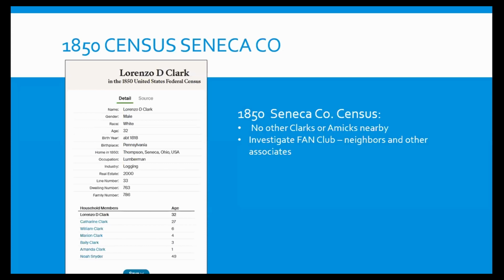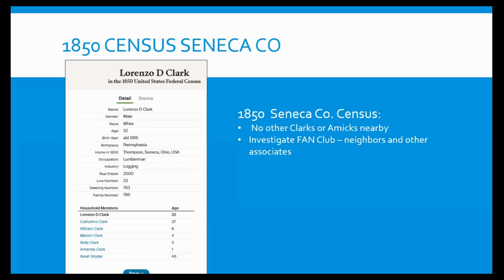In looking at the 1850 census in Seneca County, we found no Clarks or Amicks nearby. Now, I like to look at least 20 names before and 20 names after, but sometimes you need to investigate the entire township for looking at the neighbors, and also the entire county for people of the same last name, even though that might seem very tedious.